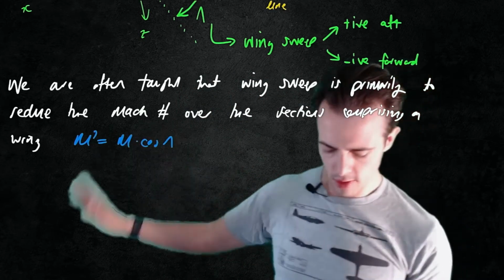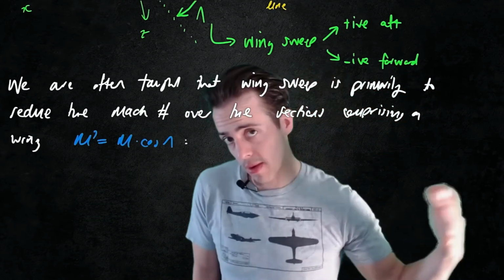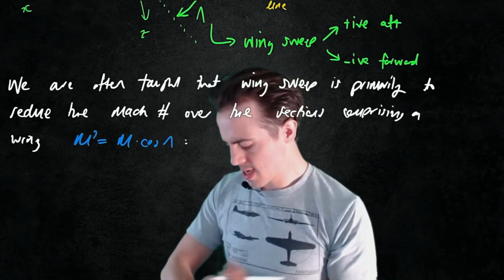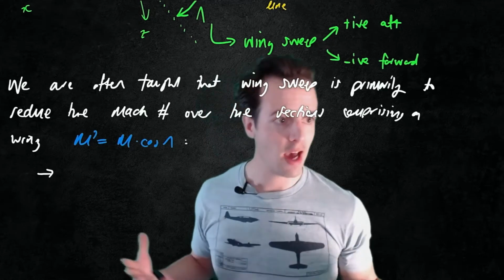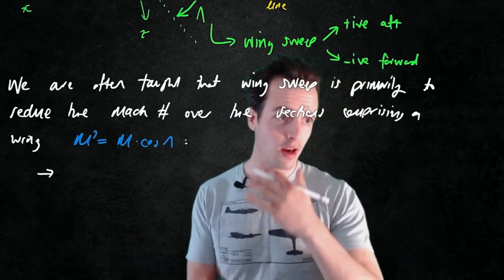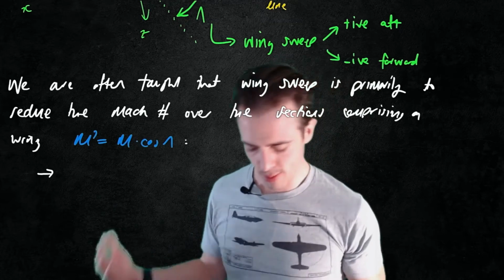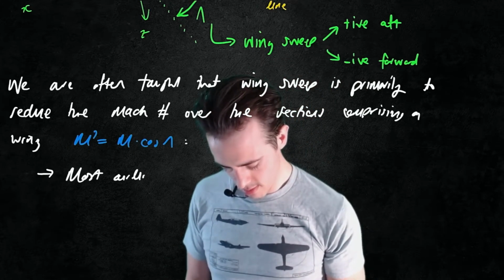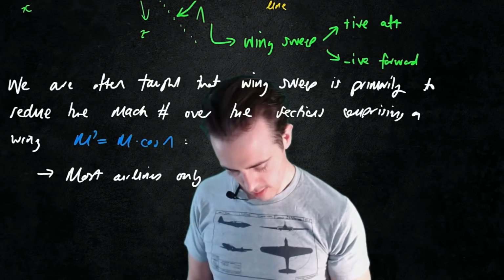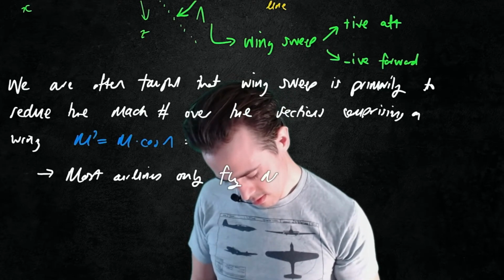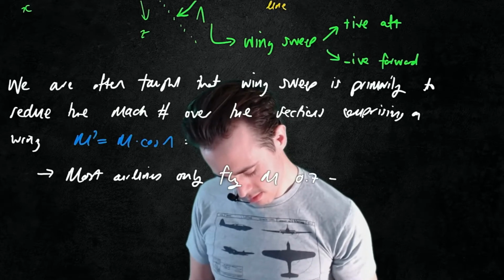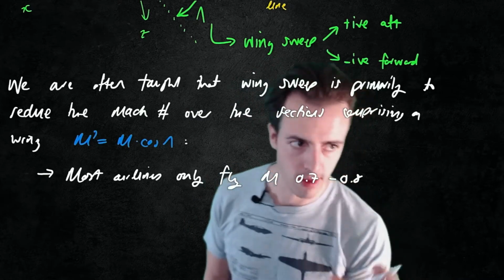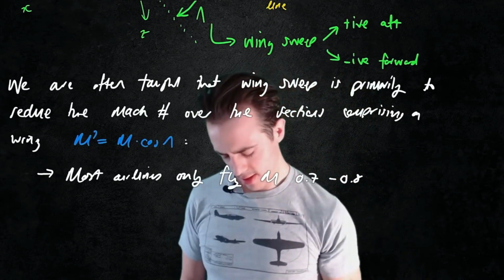We're often taught this is true, and it can be true, and it can certainly help us if we've got, say, a fighter aircraft that's specifically going in the transonic regime. But let's think about the following. Most airliners have sweep, but most airliners only really go 0.7 to 0.8 Mach, and most of these airliners have also got supercritical sections, so it doesn't really help us on airliners.